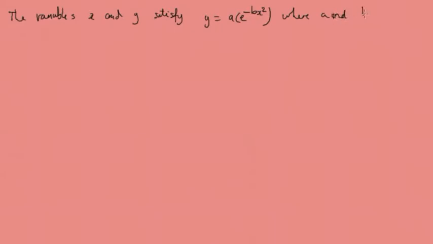Now let's look at an example. The variables x and y satisfy y equals a e to the minus bx squared, where a and b are constants.